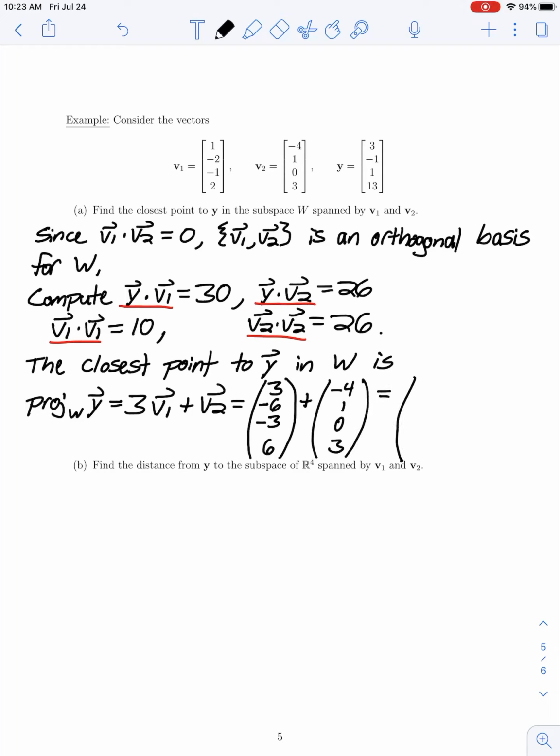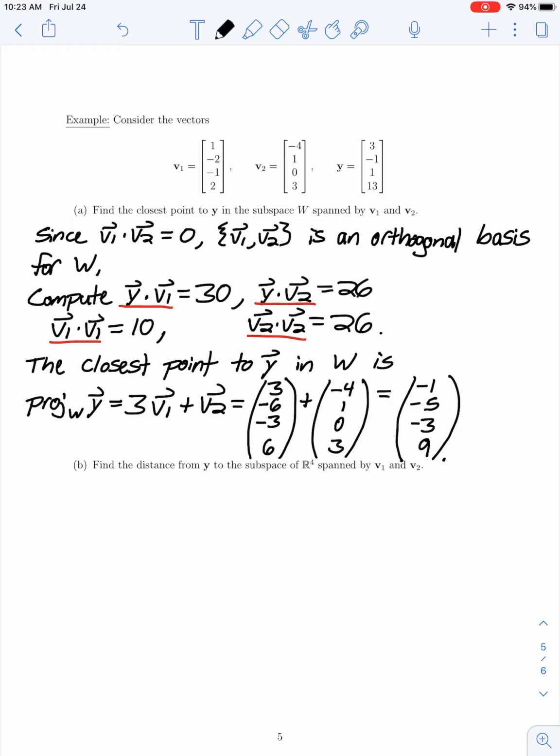So summing these vectors, we have -1, -5, -3, and 9. So this would be a vector in W, which represents a point in 4 space, which is closest to the point y in R4.